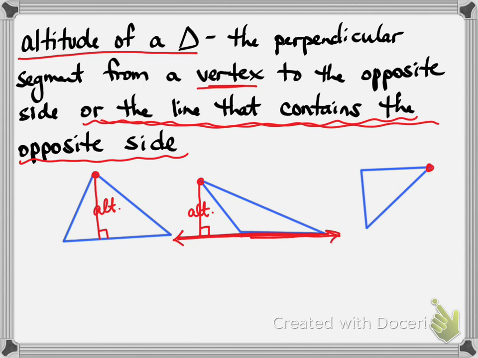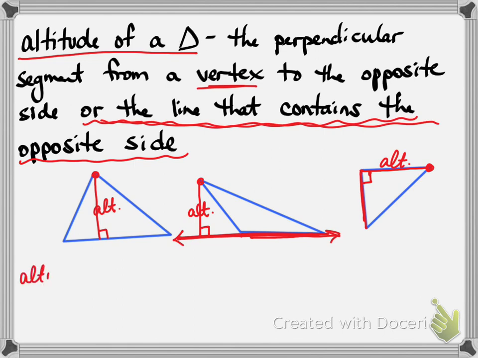What if I want the altitude from this vertex to its opposite side? Oh, and I forgot to tell you, this is already a right triangle. Well, if I need the perpendicular from this vertex to this opposite side, it's actually that side right there. That side is the altitude. And triangles have 3 altitudes.